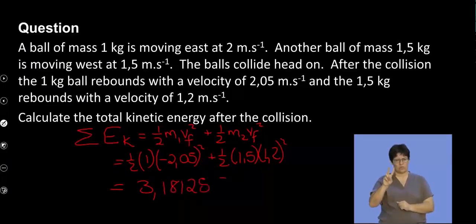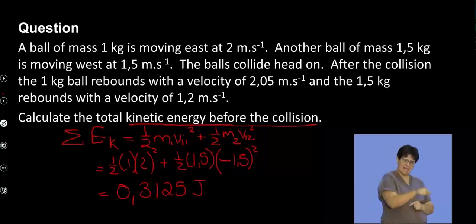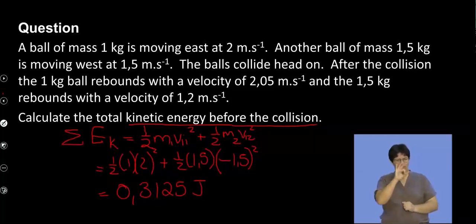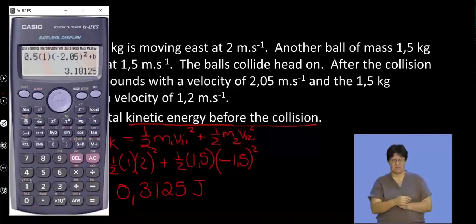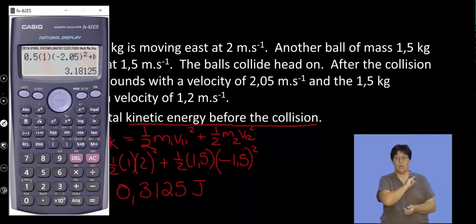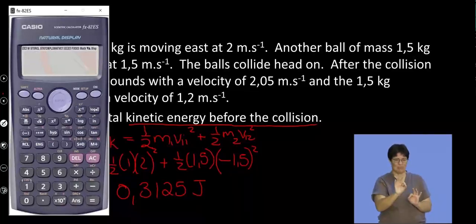Now, that makes sense. If I go back here, I got 0.3125. Something's not right here. So let's do this one again. I think what I did, okay, is I didn't square that 2. And that's fine. This is why we go back and check.